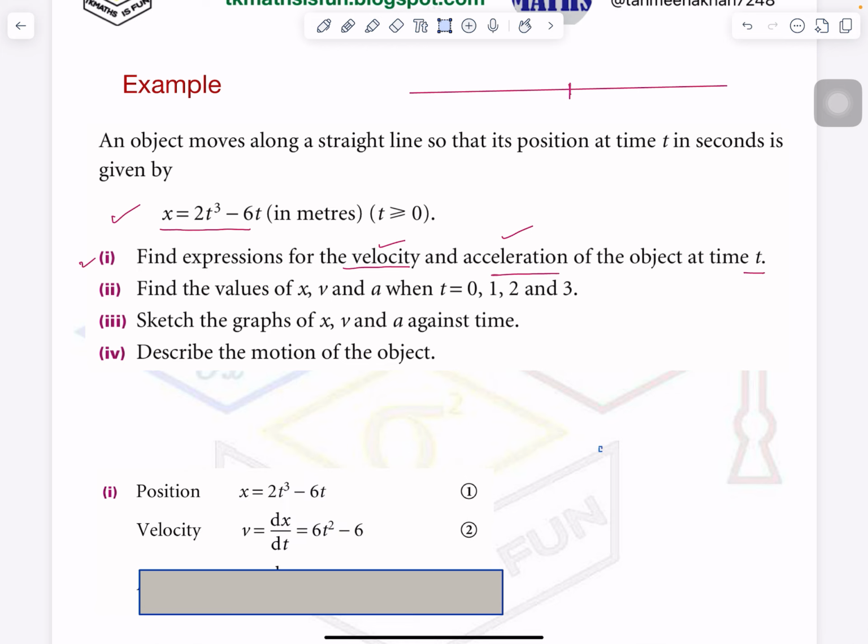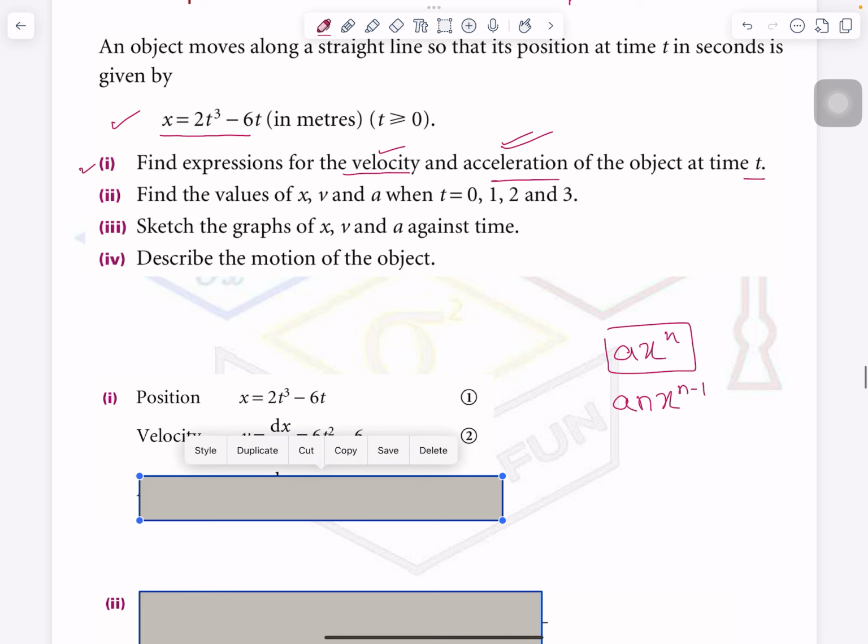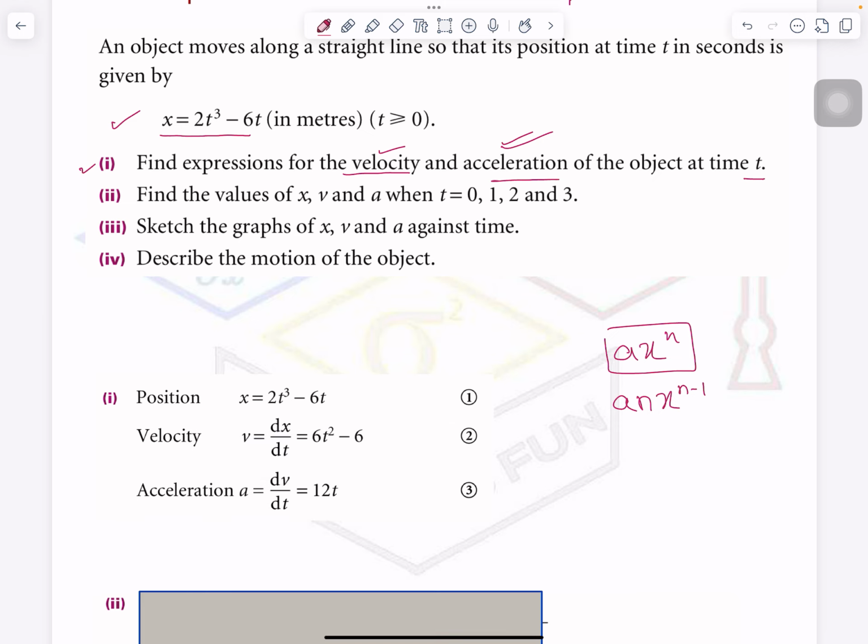In case somebody has forgotten, just a very quick recap. If this is your equation, any equation, and you're differentiating it, what do you do? You multiply by the power and subtract the power by 1. This is how you differentiate it. Now you have to get the acceleration equation. So what will you do? You will differentiate it one more time.